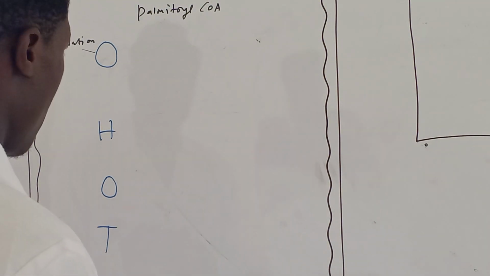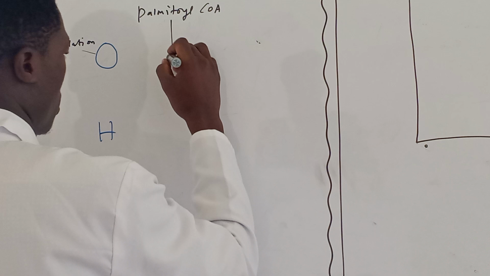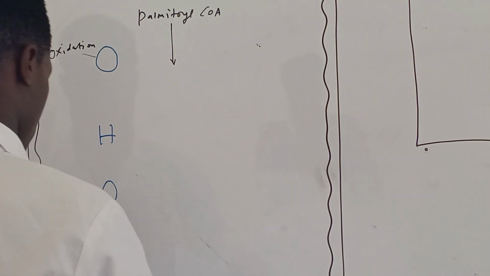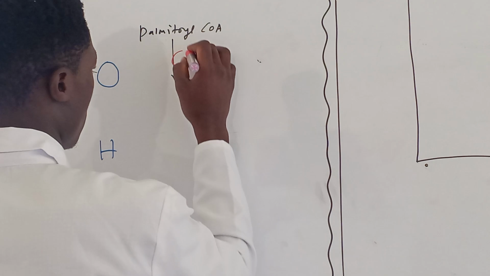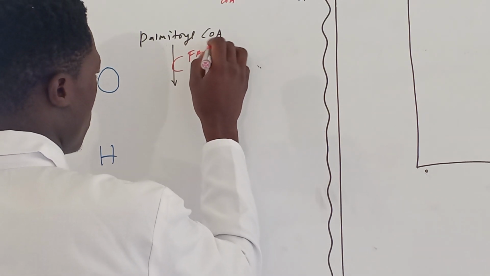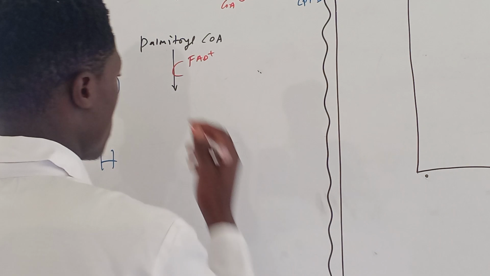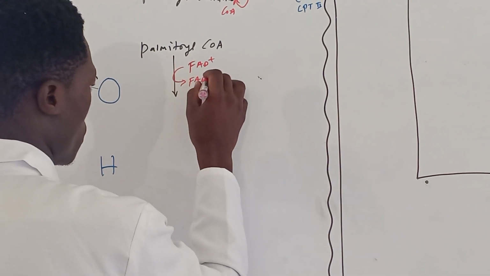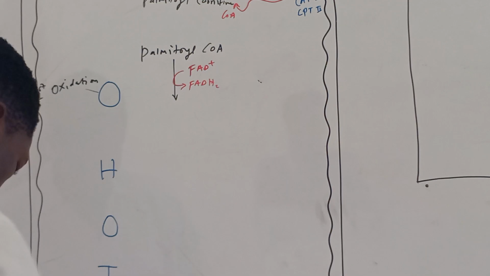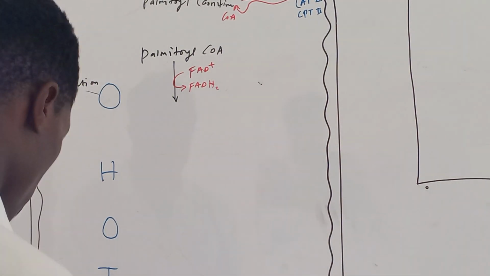So what's going to happen here? We are going to involve the reducing coenzymes. So FAD plus, that's the flavin adenine dinucleotide, is going to be reduced to FADH2. Alright. Now, what are we going to form there?